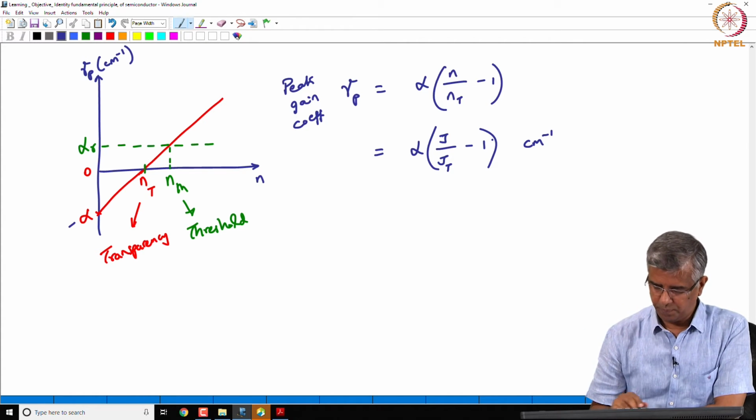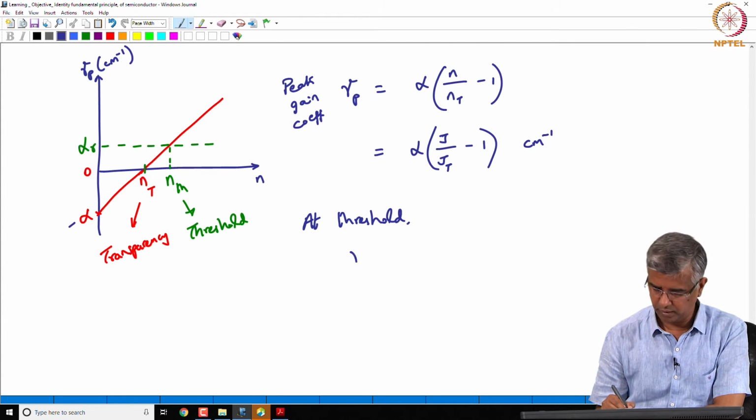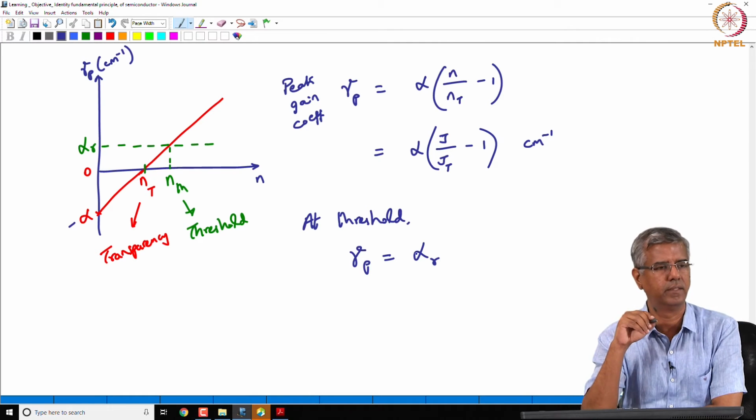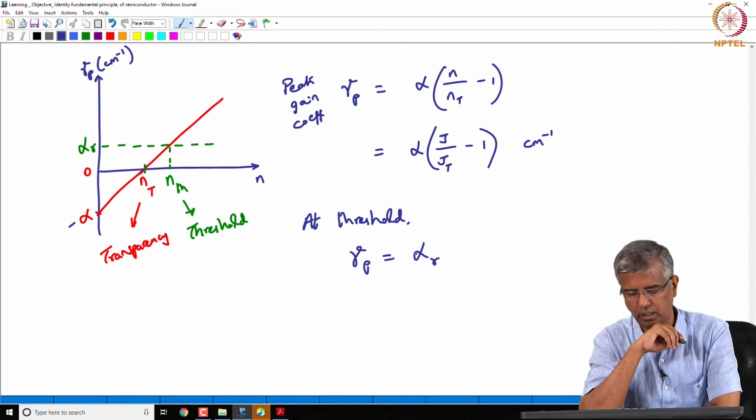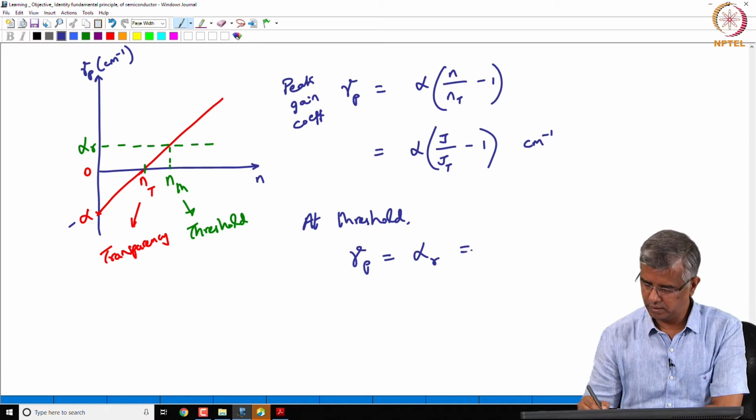Now, what happens at threshold? At threshold, we are saying that gamma p has to be equal to alpha r, the gain has to be equal to the loss, right.